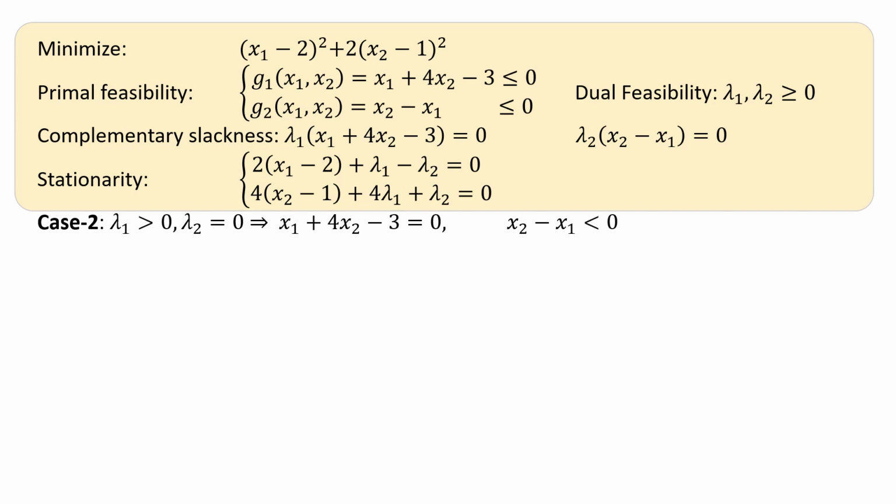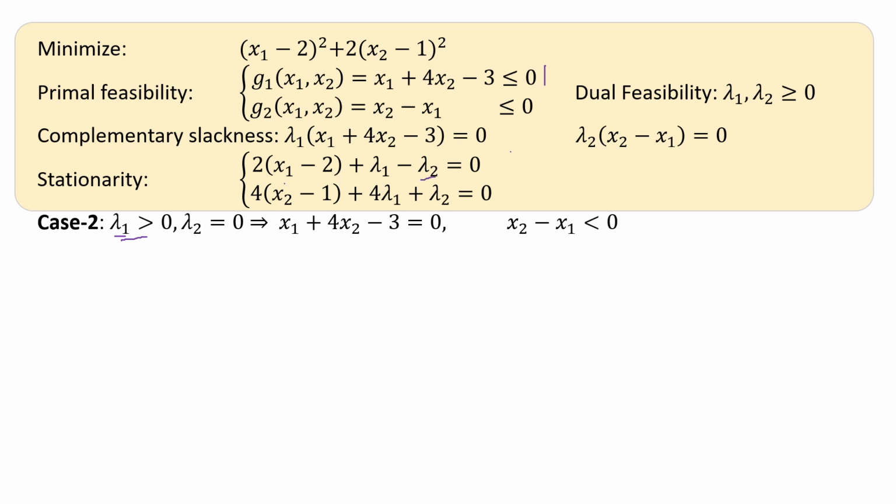In this case, this is an active constraint because lambda 1 is greater than 0. G1 is an active constraint. So we have three variables, lambda 1, x1 and x2 to solve for, and we have three equations.